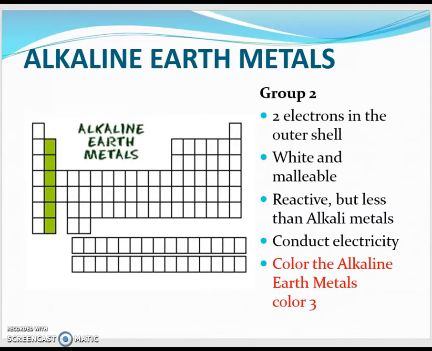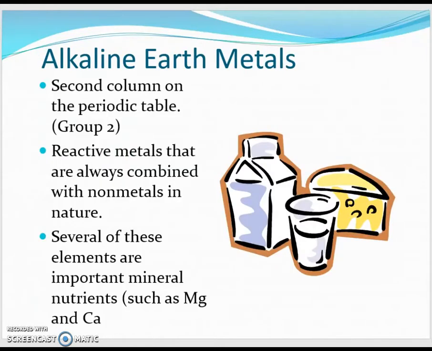So remember, as we go from left to right, we lose some reactivity across the periodic table. We see that trend. These metals are also never found uncombined in nature. They usually are combined with something for either a compound or with themselves, again, as a buddy. And they are also some really important minerals and nutrients that we need, such as magnesium and calcium.